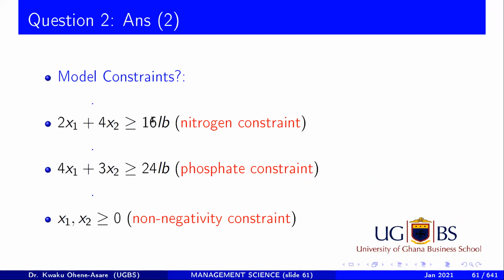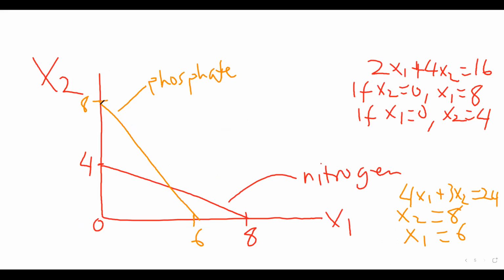When you look at this space that we have drawn, this line here is the limiting 16 for the nitrogen. And this orange line is the limiting 24 for the phosphate. We want to show the feasible solution area, which is what is used, the usage. The usage should be greater than these minimums.